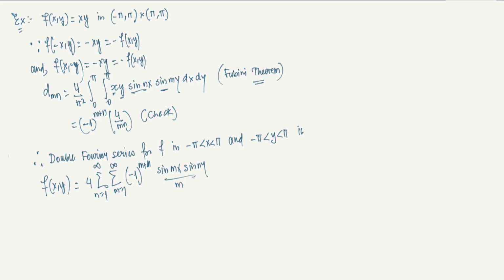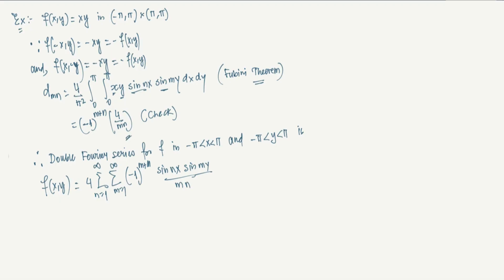One second, I made a mistake here. This is sin nx and sin my, times mn. Clear? So this is what we are getting.